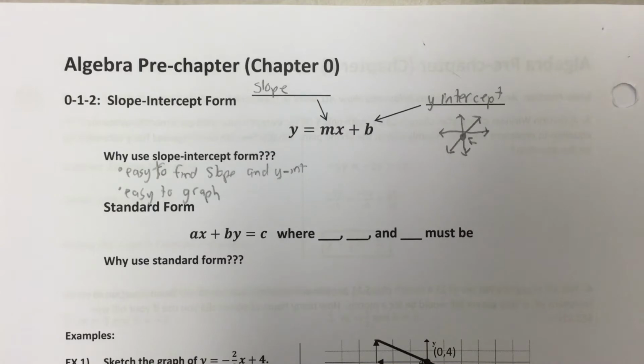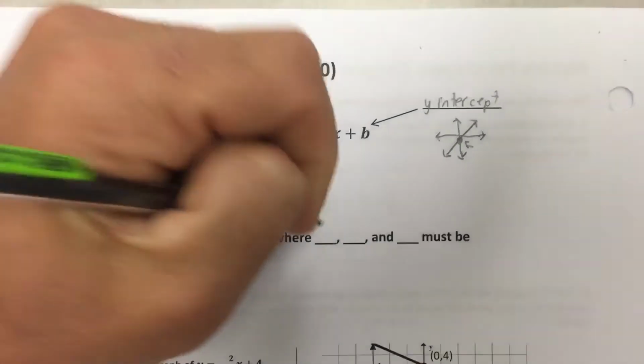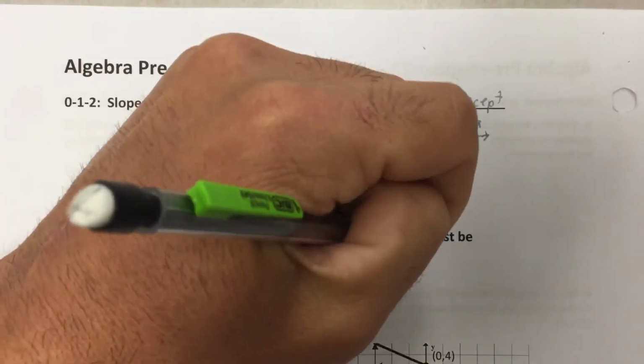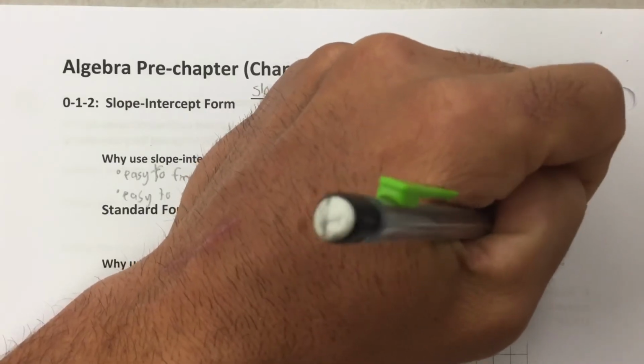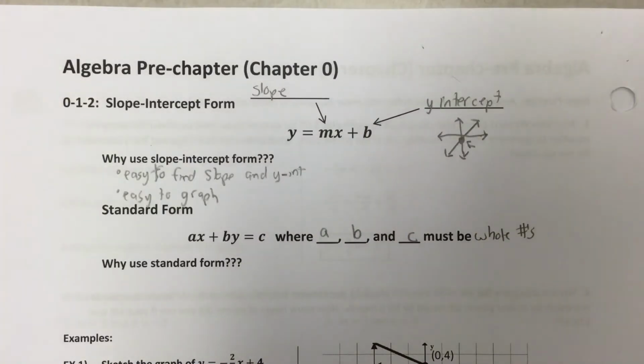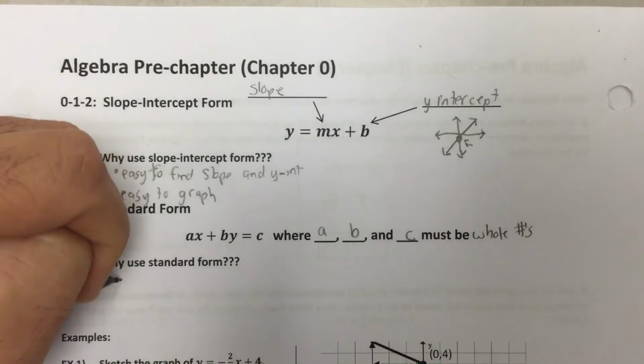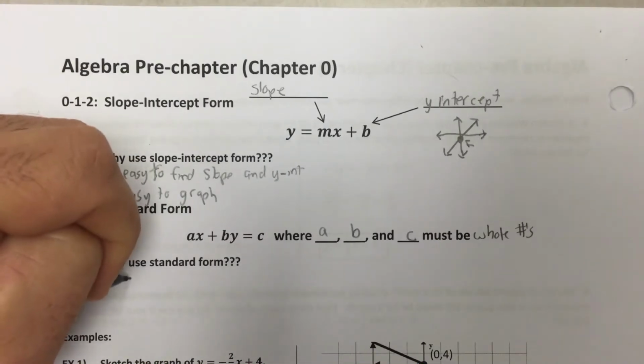Our standard form is another form. It's ax plus by equals c, and in that case, the a, b, and the c must be whole numbers though. Why do you use standard form? Well, standard form can be easy to find the intercepts, the x or the y-intercepts.